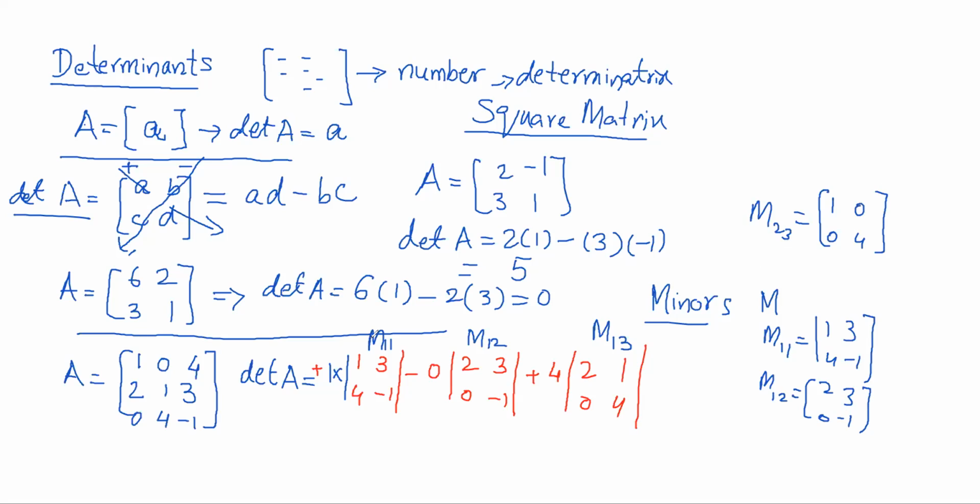Okay, so I need to check it. So M23, 2 means second row and third column. Yeah, 1 0 0 4. Yes, correct.